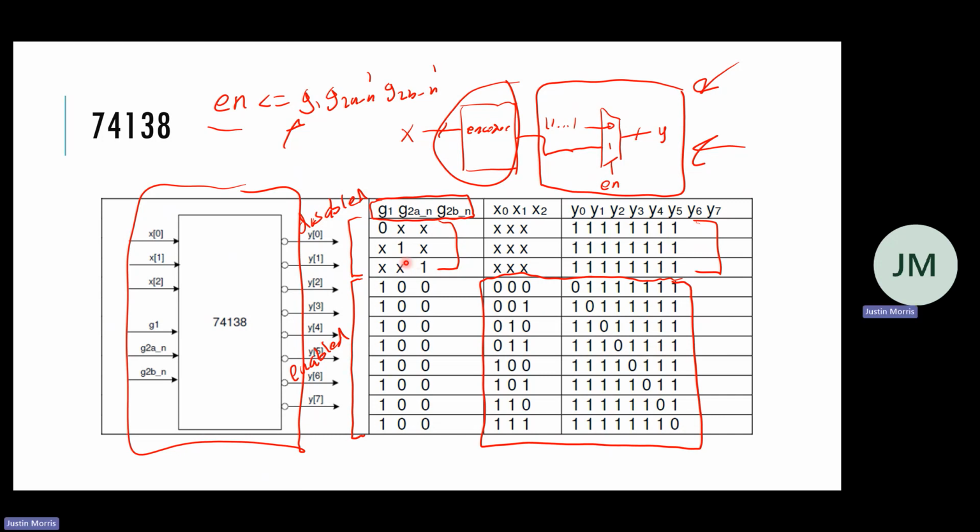But if we have any of these, then we're going to output all ones. So it's simpler to just say that we're enabled here and we're disabled here. And with this equation, enable is 1 when it's 1, 0, 0. Otherwise, it becomes 0 and you output all ones.